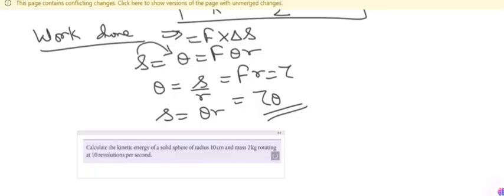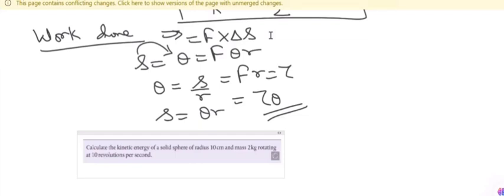Are you done, Akshita? Be quick. So from there you will get the angular speed, right?